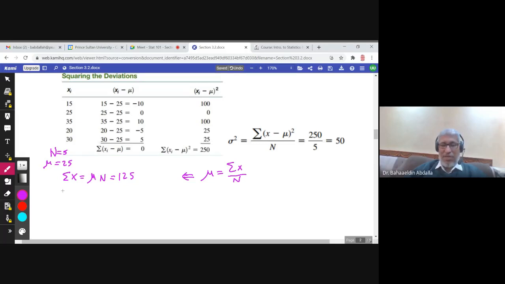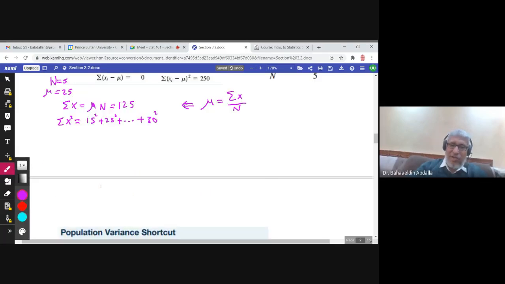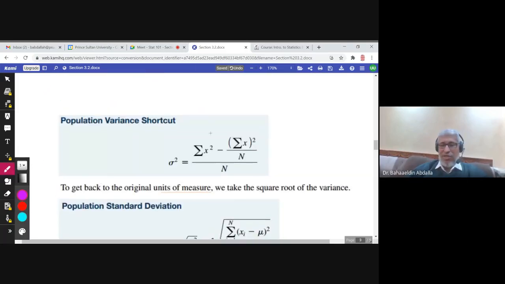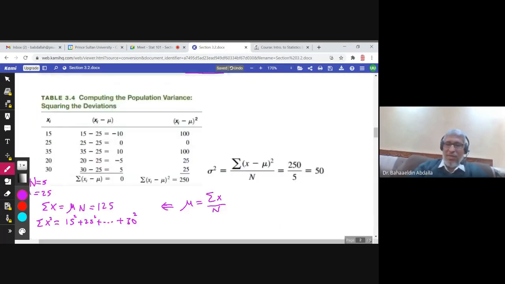You can find summation x squared. How? It is 15 squared plus 25 squared, up to 30 squared. Now you have summation x squared and summation x. You can put them in this formula: summation x squared minus summation x all squared over capital N, all over capital N, which is 5 in this example, and you will get the same answer as here, 50.